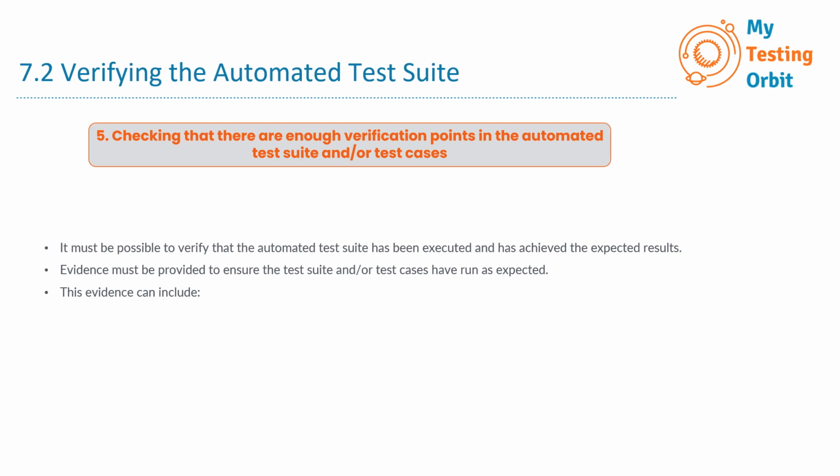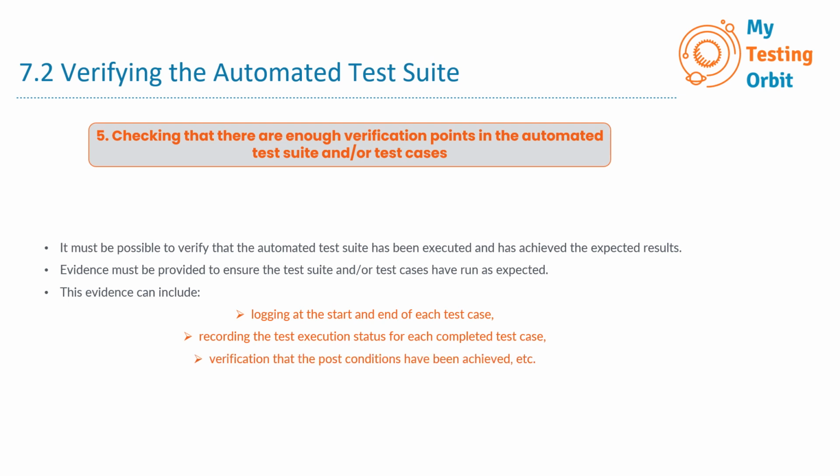This evidence can include logging at the start and end of each test case, recording the test execution status for each completed test case, and verification that the post conditions have been achieved, etc. So these actions like keeping logs or noting down the results and checking expected conditions act as proof that the automated testing was done correctly and has given the correct results.